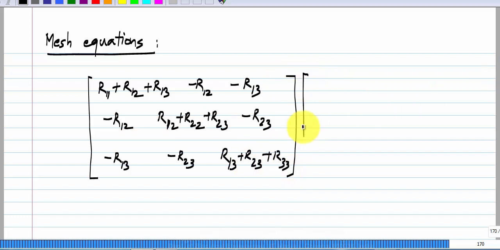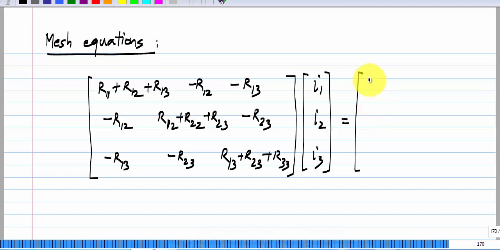I have this times the mesh current variables I1, I2, I3 being equal to the independent sources, the source vector, which is V1, minus V2, and 0 for our particular circuit.